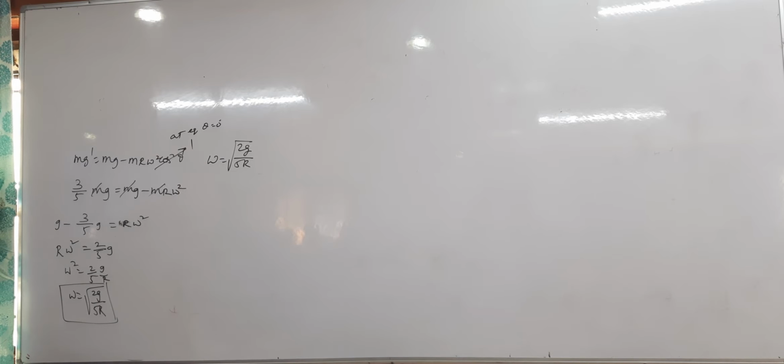One more problem. The maximum vertical distance through which an astronaut can jump on the earth is 0.5 meters.